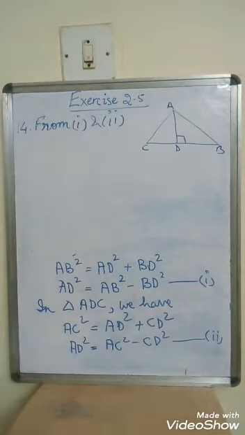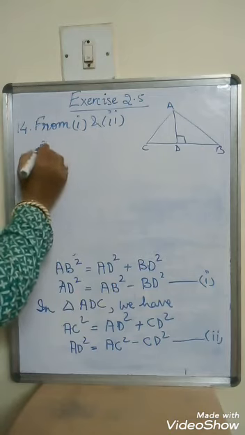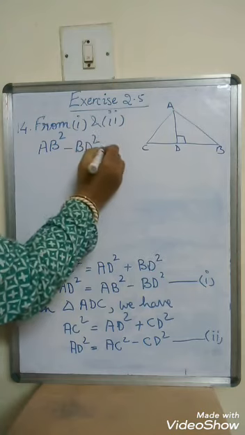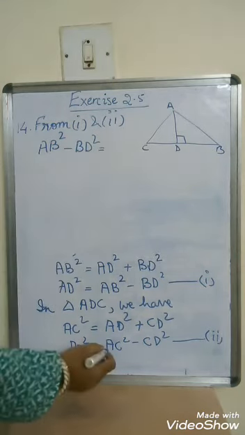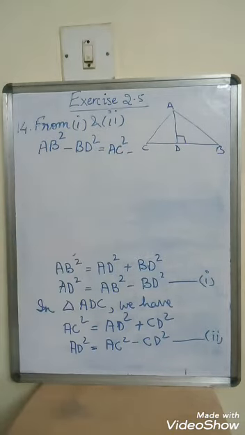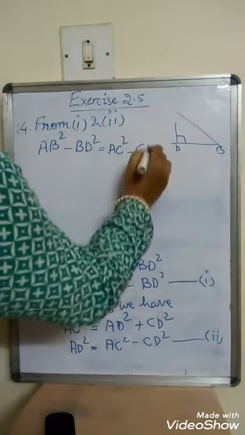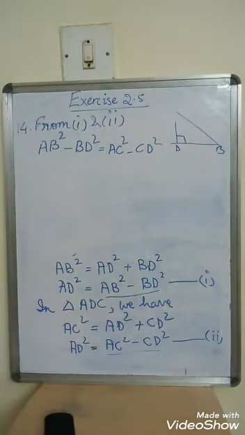From 1 and 2, I get AB square minus BD square is equal to AC square minus CD square, right?